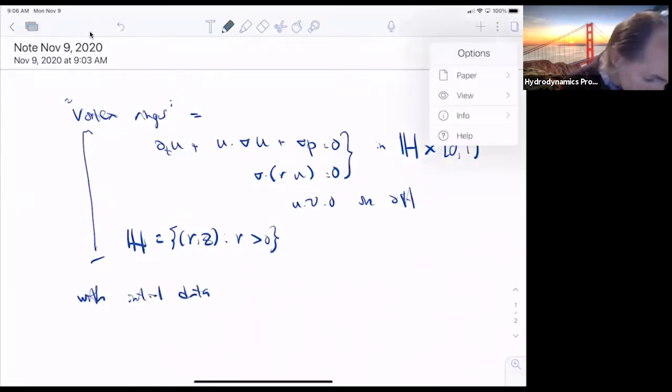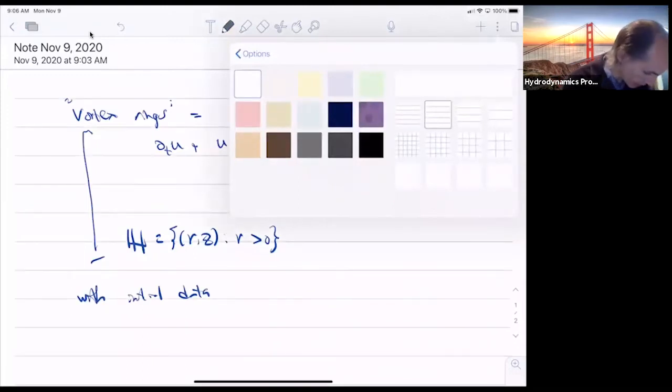Let's change this. I'll probably write a bit better with lines.